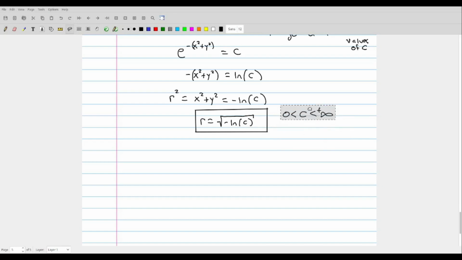It has to be a positive square root. So this only works when the thing under the square root, or this negative ln of c, is greater than or equal to 0.